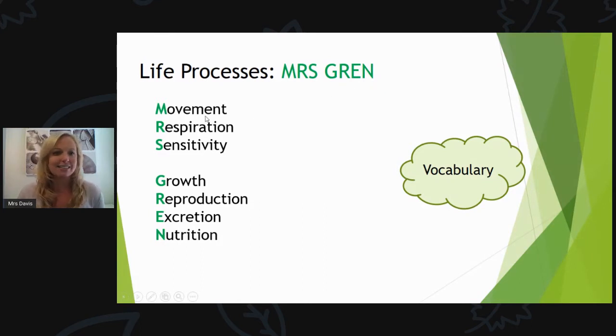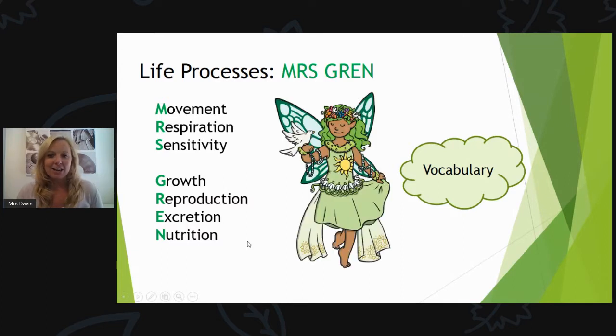Mrs Gren stands for each thing: movement, respiration, sensitivity, growth, reproduction, excretion, and nutrients. And there you see, this is how I imagine Mrs Gren to be, all to do with nature. There's my Mrs Gren.